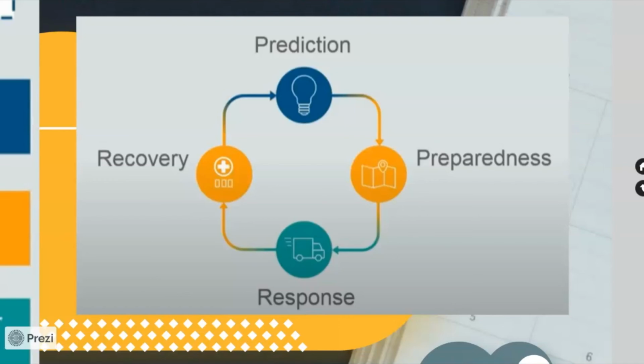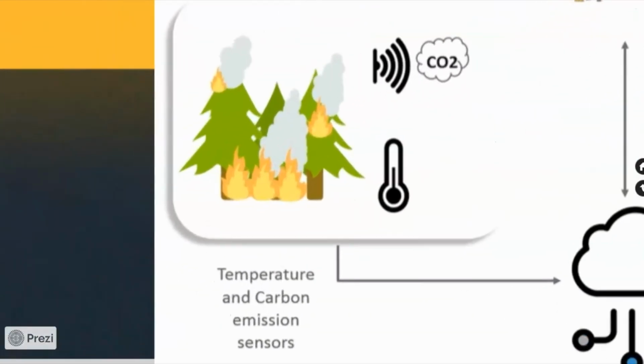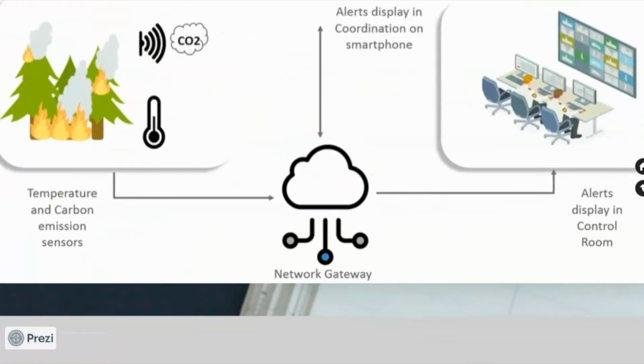Let me give you an example of a forest fire where IoT could be used as a solution to be prepared. For critical incidents, forest fire sensors are installed near the perimeters of the forest. They contribute data feeds about temperature and carbon emissions to a control room, which is common to the entire town.